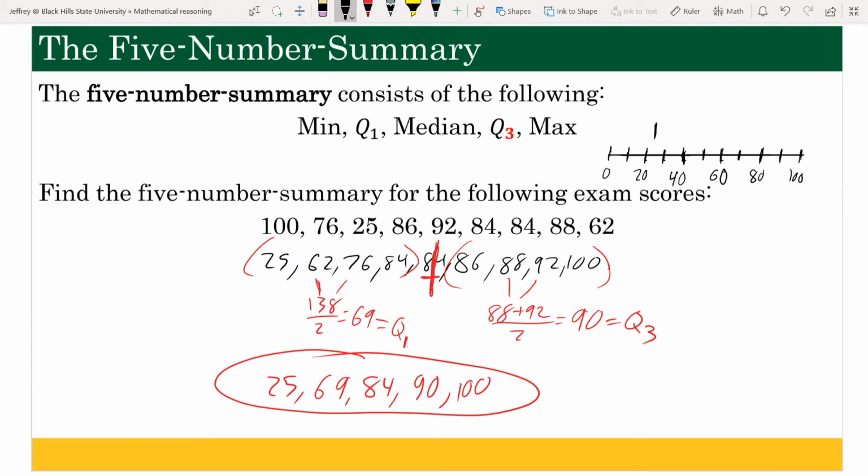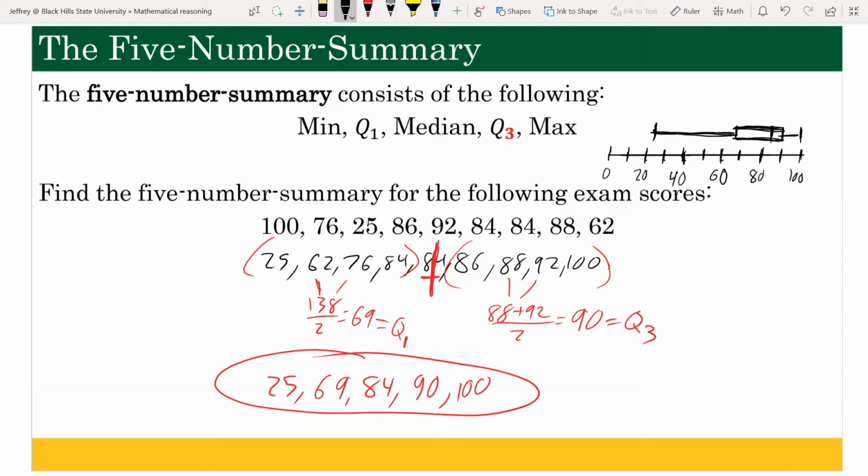We have 69, which is almost 70, 84, 90, and 100. Now the middle 3 lines are going to be part of the box, and then the outside lines are where the whiskers are.